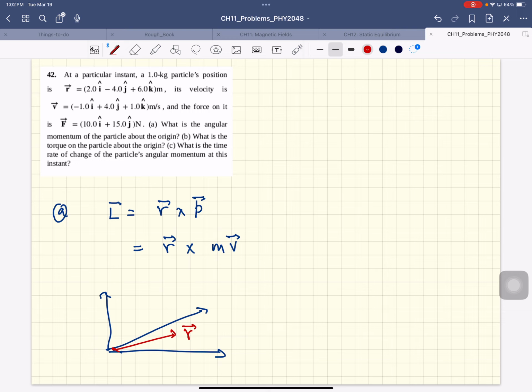All right, so let's calculate this cross product. L is mass times r cross v. M is 1 kg.